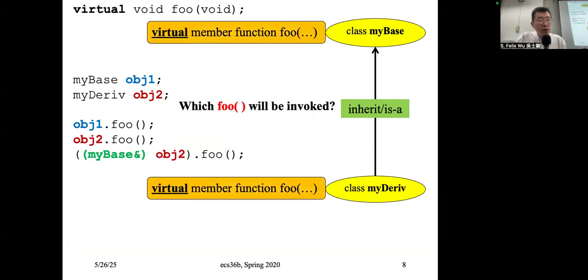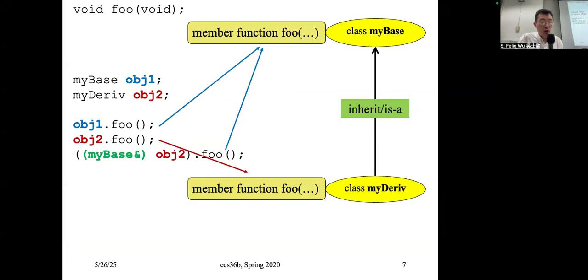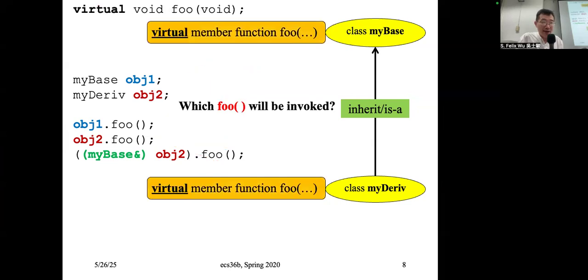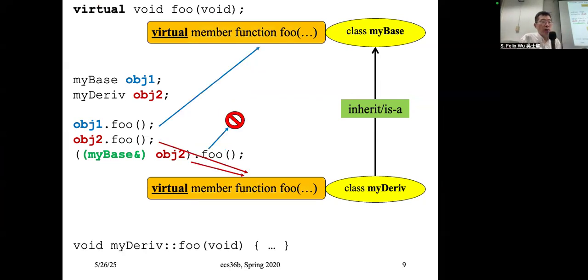However, if I do a virtual function, you can see that it's the same piece of code. These two are exactly the same piece of code, except that when you declare the member function foo, you declare it either as virtual or as non-virtual. So regardless of the type of object 2 at the time you make the call, it doesn't matter. It will always call my derive. Why is that? Because object 2 was created as a my derive.